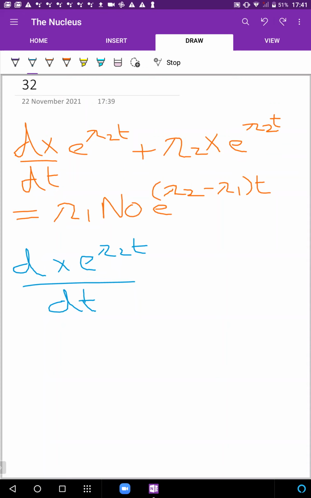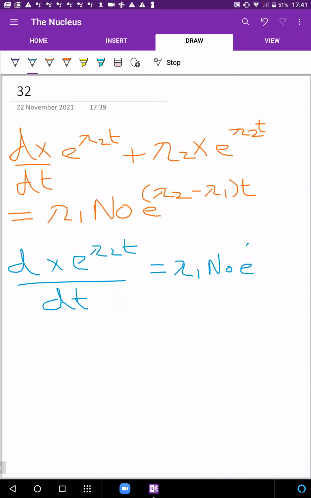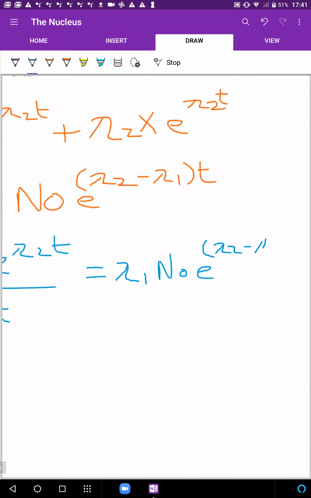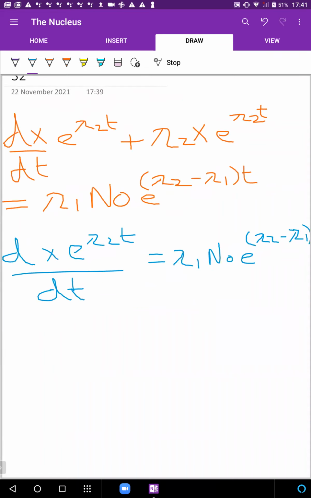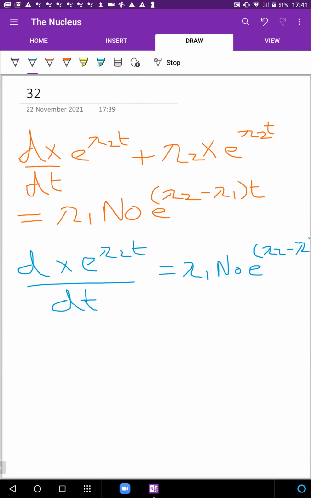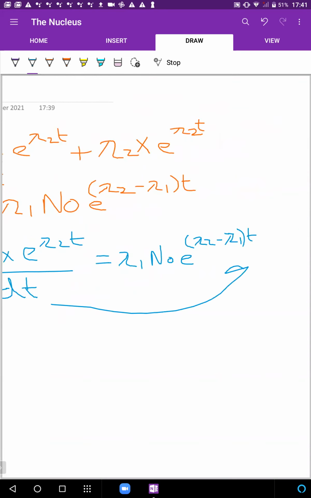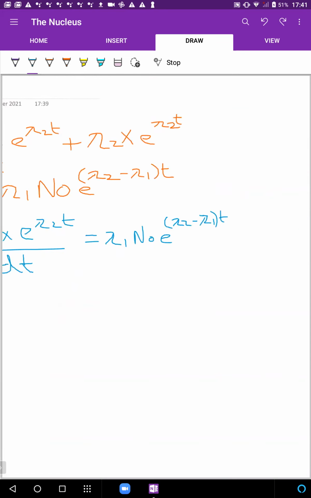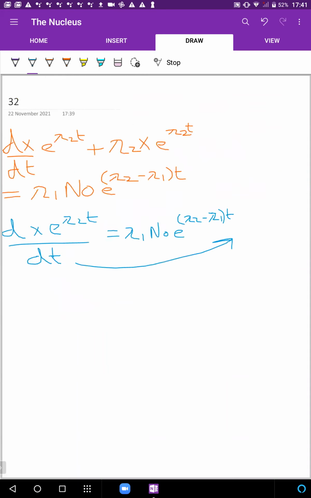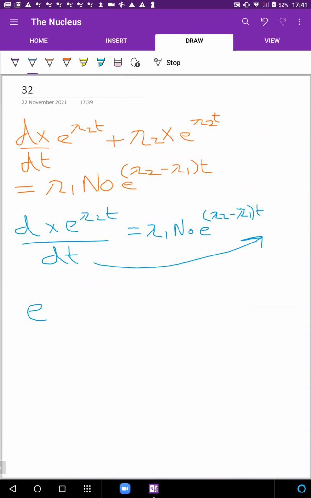Very nice. So this is lambda 1 N naught e to the power lambda 2 minus lambda 1 t. Integrate both sides, take dt to the other side and integrate. So that gives me e raised to lambda 2t times x.